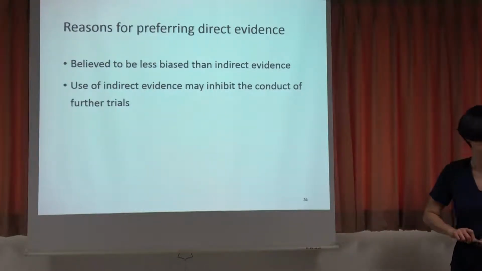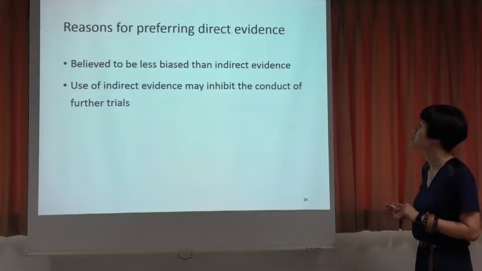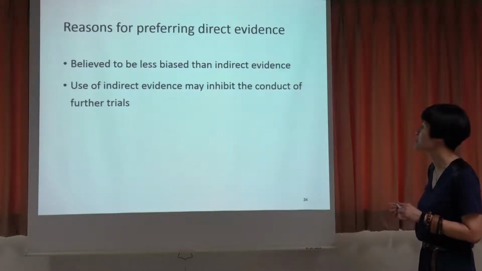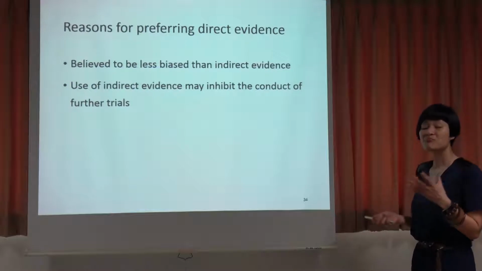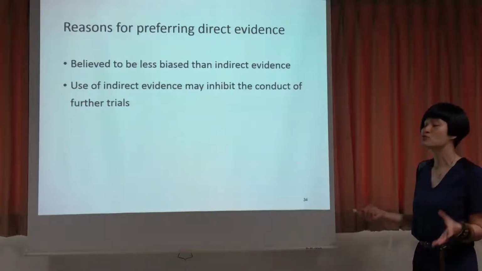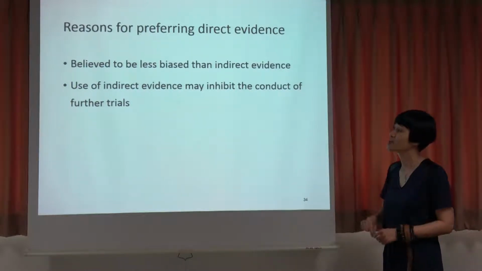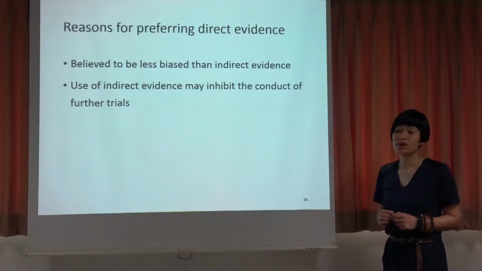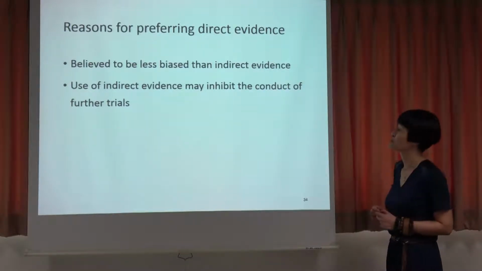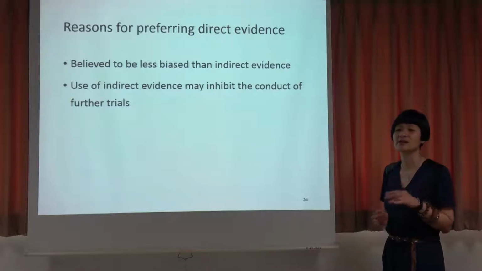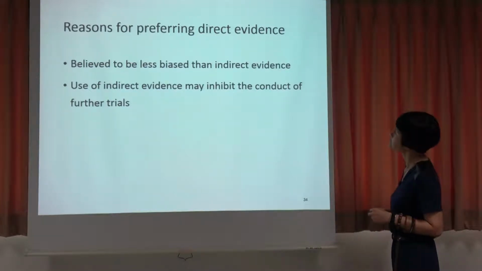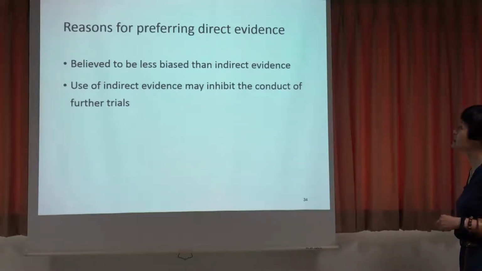So reasons for preferring direct evidence: because it's believed to be less biased than indirect evidence. It may be true in some cases, but not always, because direct evidence can be biased as well, depending on how the study is performed. So it's very context specific. You need to look at your studies. The use of indirect evidence may inhibit the conduct of future trials.